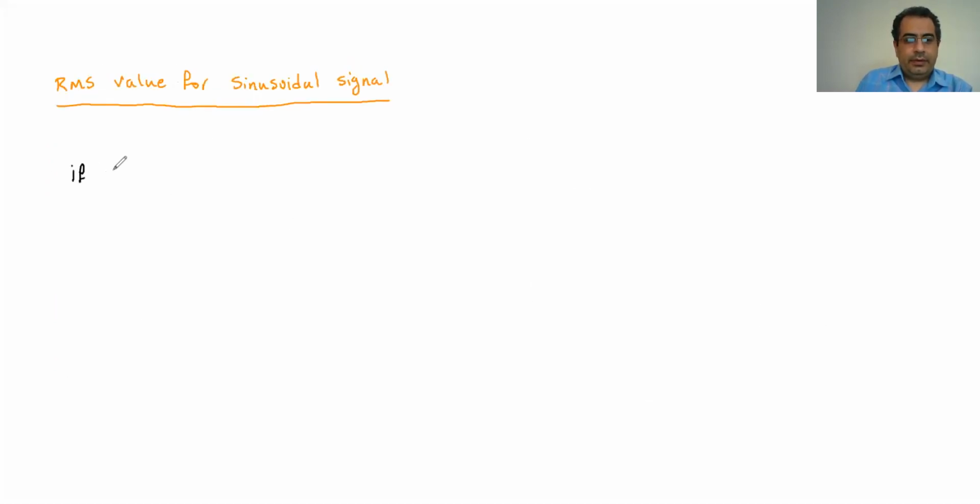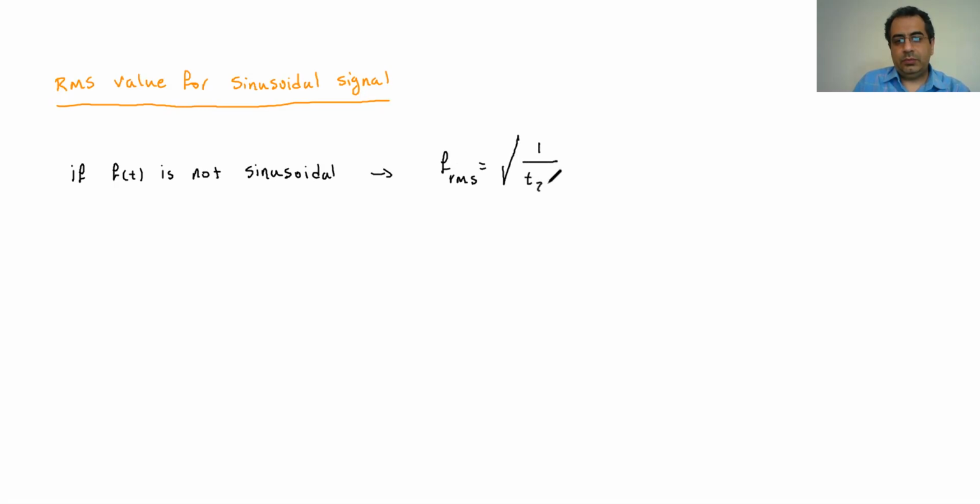If f(t) is not sinusoidal, then the RMS value of f(t) is going to be, as I said before, the square root of 1 over t2 minus t1, the integration from t1 to t2 of f(t) squared dt.